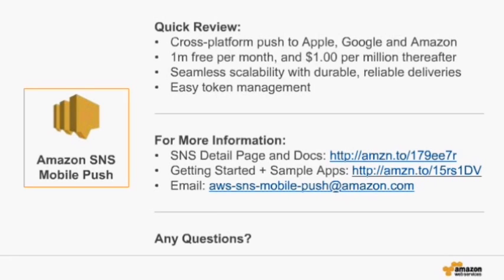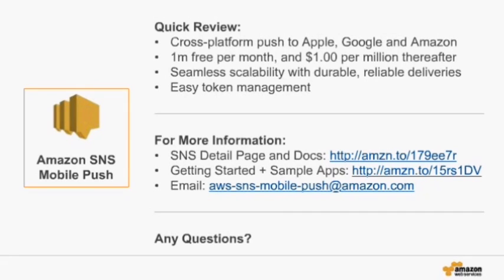Here's a question about credentials, and we've seen a few questions like this. What credentials are required to send mobile push notifications? And is this different from the user credentials of a particular device? And the answer is that you can use your AWS credentials to authorize your cloud app to send mobile push notifications via our API.